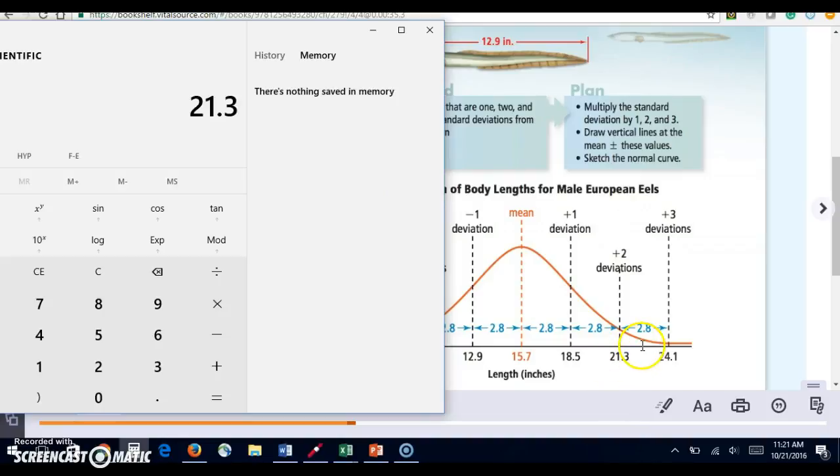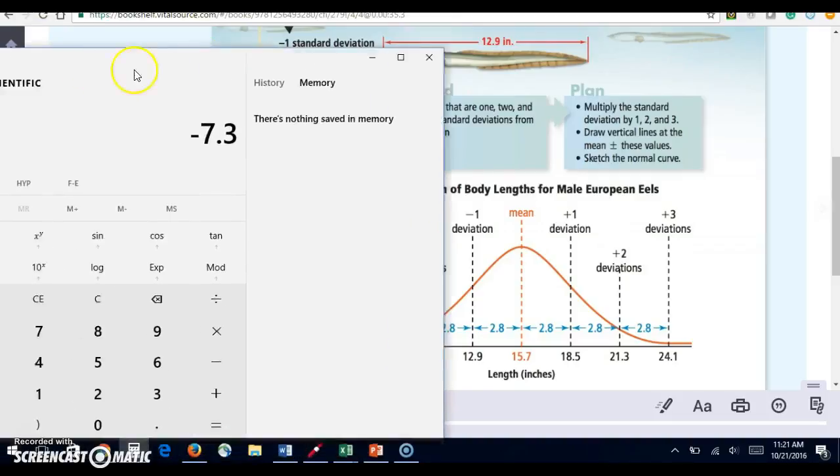And then I would do it for 3 as well. So I would do 2.8 times 3, and then I would add 15.7, and that would give me 24.1. And then I would do 2.8 times 3, and I would subtract it from 15.7, and that would give me the 7.3 that they got.